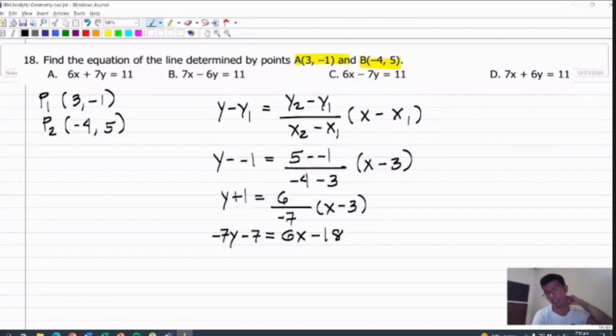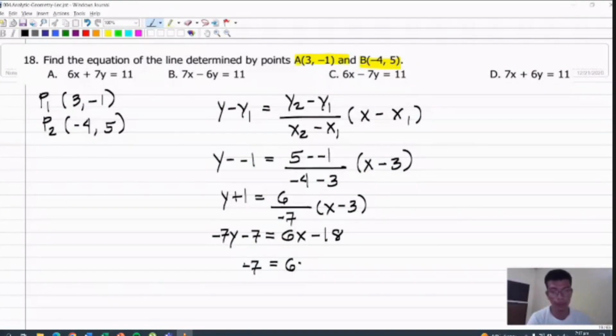And check nyo lagi yung choices. Yung lahat ng variables ay nasa left side, and then the constant term is on the right side, or nasa kabilang side, kayo na yung bahala. And ang positive ay yung x. So, dahil positive si x, hahayaan natin si 6x sa right side, ang ilipat natin ay si 7y. So, matitira dito yung negative 7, tsaka ay 6x.